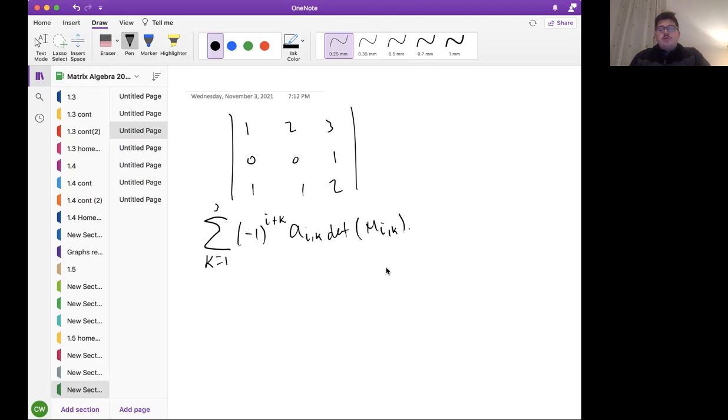Which row would be preferable to calculate the determinant if you want to do this quickly? Which row has the easiest elements to work with? The second row, yeah. And why is that?